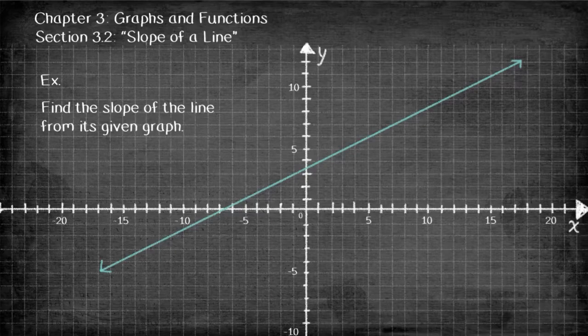To find points with integer coordinates, all we have to do is find some instances where the line runs exactly into the corners of one of the grid squares. So I see here is such an instance, and here as well.